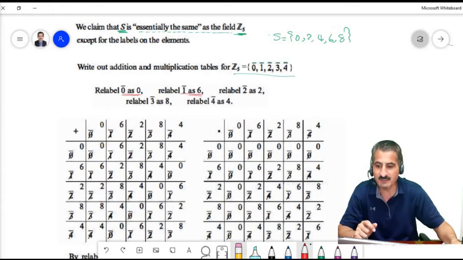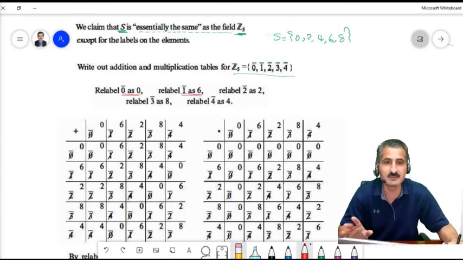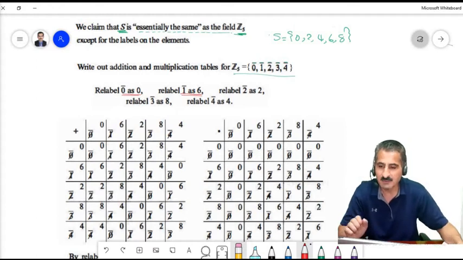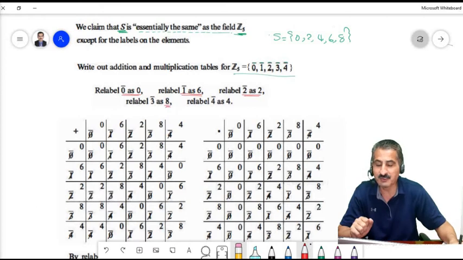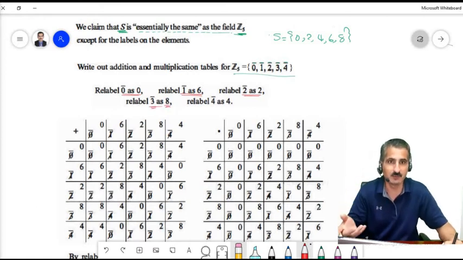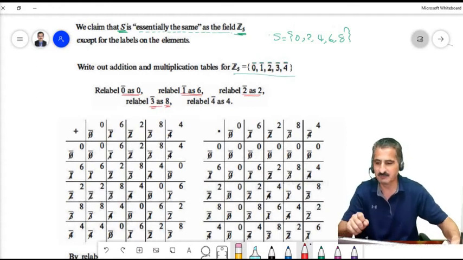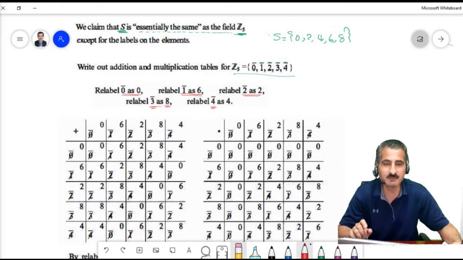The 1 and 6 will be matched together because the 1 in Z5 is the identity and 6 is the identity in S. Now we relabel 2 bar. We relabel 3 bar from Z5 by 8. 4 bar will be labeled by 4.